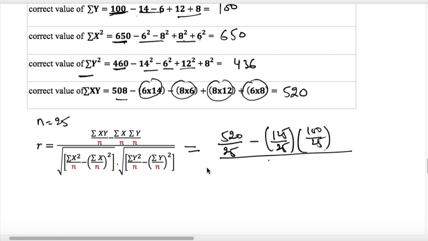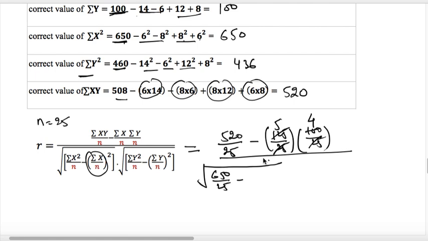When we put it into the root, the first one is for x square, which is 650 by 25 minus, now here this value is the same, so when we say 25, this is 5 and this is equal to 4. So we are getting 5 and 4.